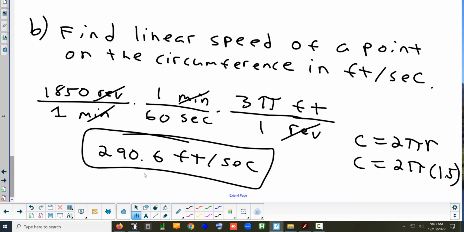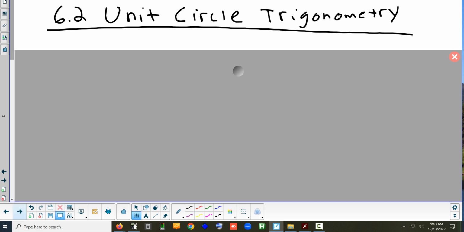All right, and the last thing we're going to look at, we're not going to get into it much today, but we'll finish it tomorrow, and you might have to finish it a little bit on Thursday, we'll see, is section 6.2.